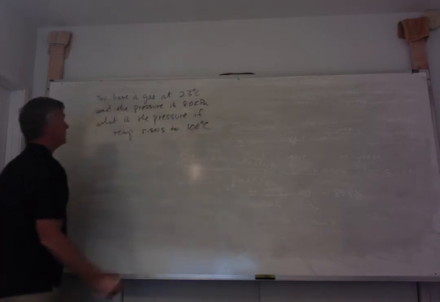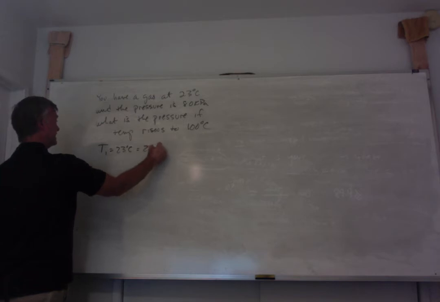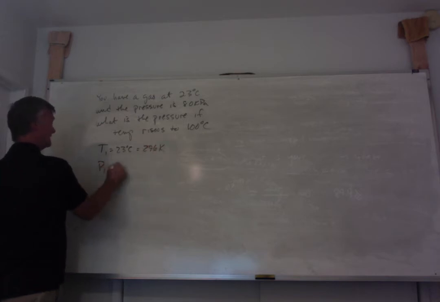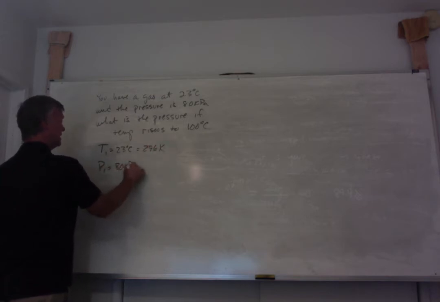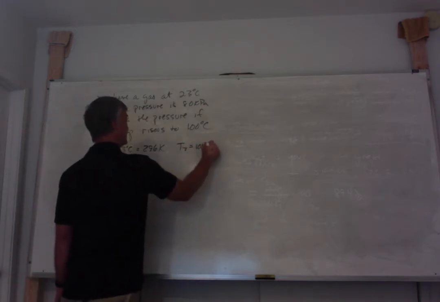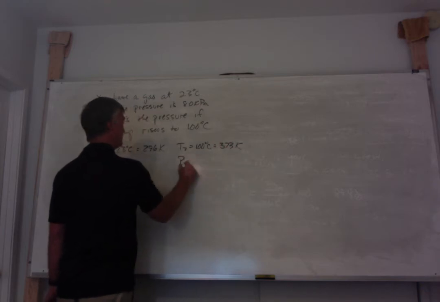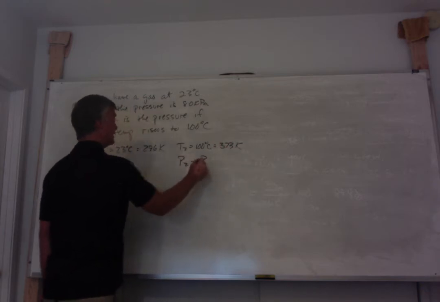Well, look at what we've got. We've been told about temperature. T1 is 23 Celsius. Immediately add 273. This would be 296 Kelvin. P1 is 80 kilopascals. T2 is 100 degrees Celsius, which would be 373 Kelvin, and P2 then is what we're looking for.